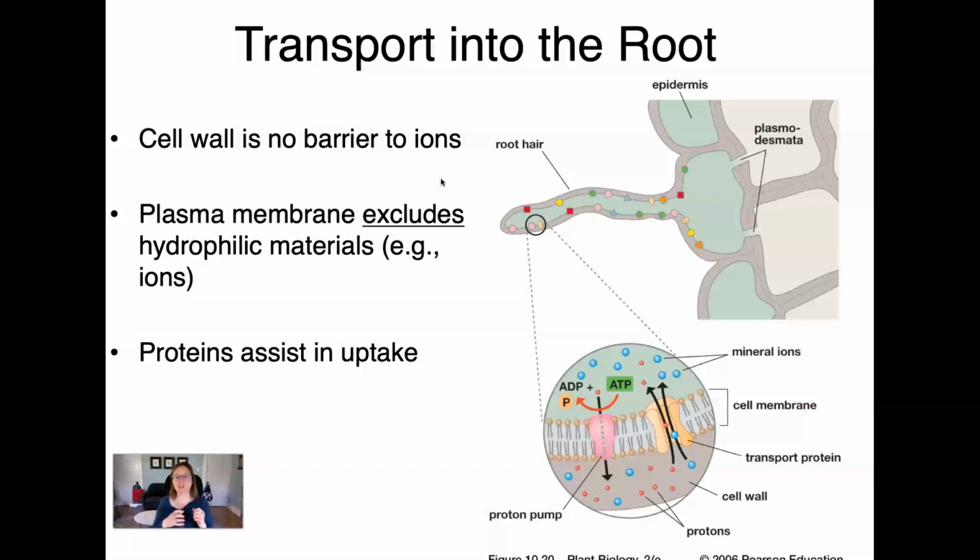So ions can't just pass as they wish across the plasma membrane into the cytoplasm of the cell. So for both cations and anions that are necessary for the plant's nutrition, the proteins that are embedded in the plasma membrane have to assist in the uptake of both kinds of ions. And so we're going to be talking about protein pumps and transport proteins very briefly, not in that much detail, but we'll do the best we can.